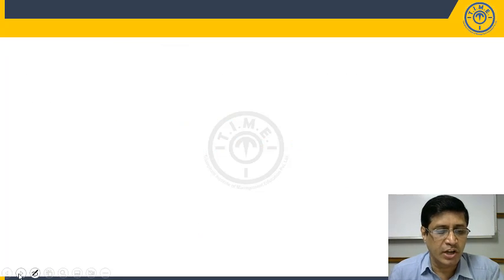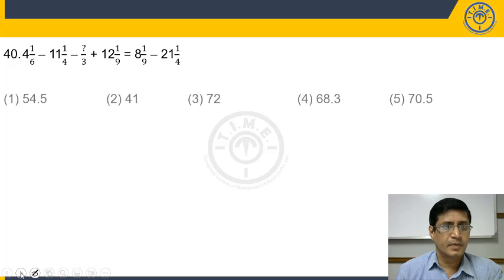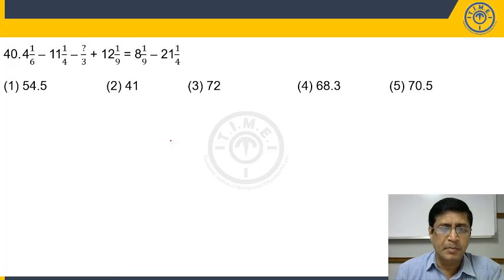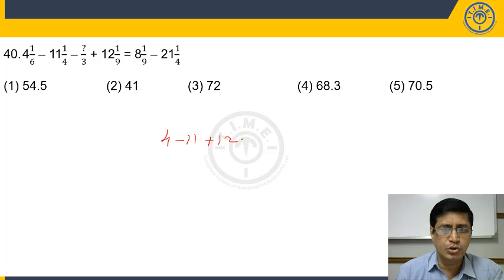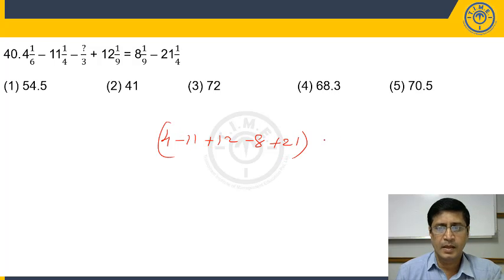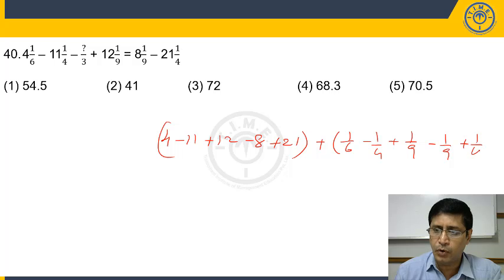Now look at the next question on your screen. Here, sum of the integers and sum of the proper fractions is the answer. How much is the sum of the integers? 4 minus 11 plus 12 minus 8 plus 21. And what about the proper fractions? 1 by 6 minus 1 by 4 plus 1 by 9 minus 1 by 9 plus 1 by 4.